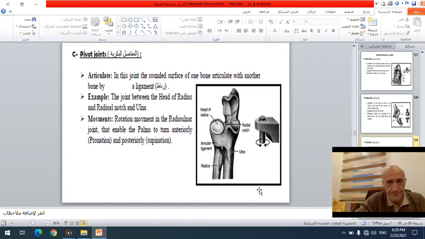Pivot joints, articulation in the joint: the rounded surface of one bone articulates with another by ligament. Example, the joints like this. The joint between the head of the radius and the radial notch of the ulna.